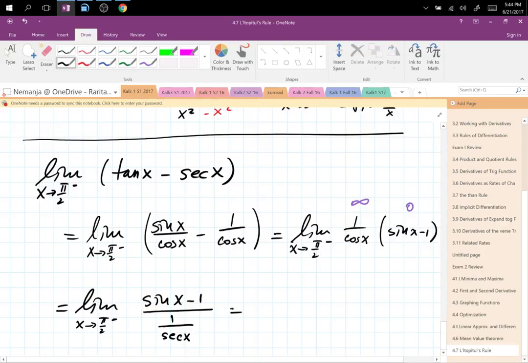Can't you just write that as cosine x? Well, let's do some steps. So now the 1 over secant is the cosine. Cosine of pi over 2 is 0, sine of pi over 2 is 1, so 1 minus 1 over 1, that's 0.